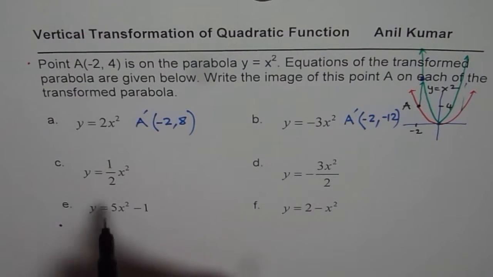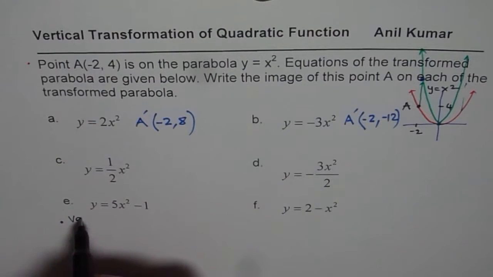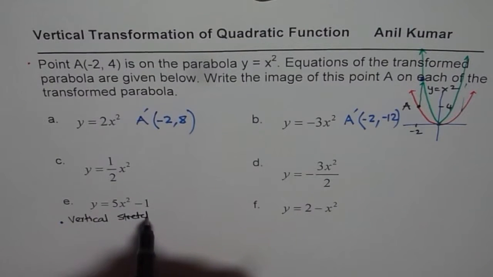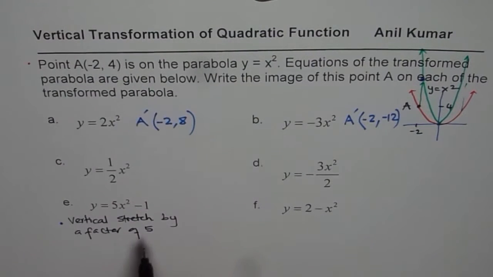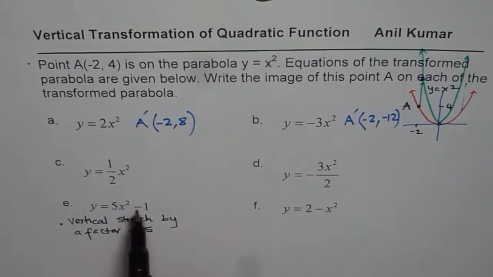First transformation is a vertical stretch by a factor of 5. That means the y value will get multiplied by 5. And second is minus 1, which is a vertical translation by 1 unit down, right?